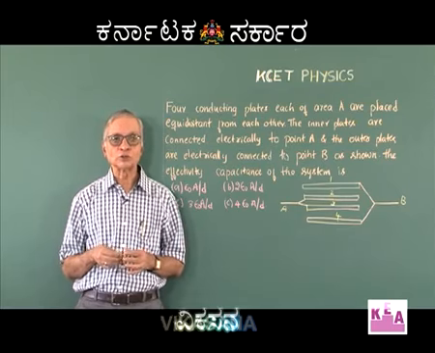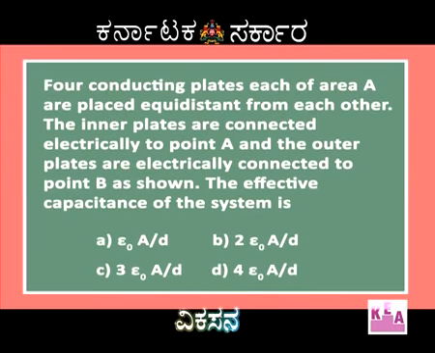I will now move on to the next question. 4 conducting plates, each of area A, are placed equidistant from each other. The inner plates are connected electrically to point A and the outer plates are electrically connected to the point B as shown.